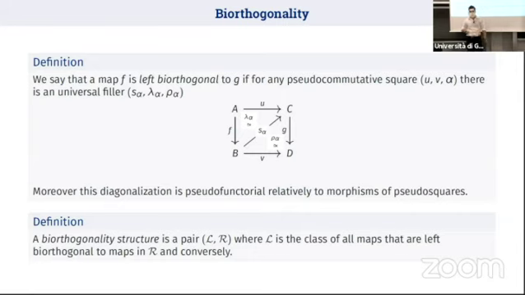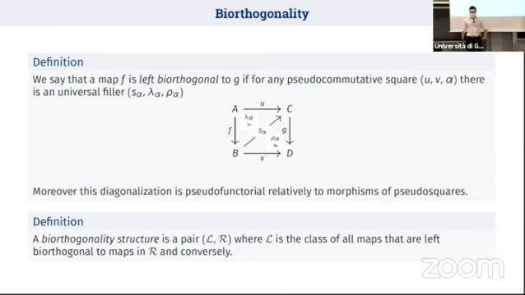For instance, say that a map is left orthogonal to another map if for any pseudo square from this map to the second one, that is a square which commutes up to an invertible two-cell, you have a decomposition of the invertible two-cell as an invertible left two-cell and an invertible right two-cell, which are unique in some suitable two-dimensional sense again.